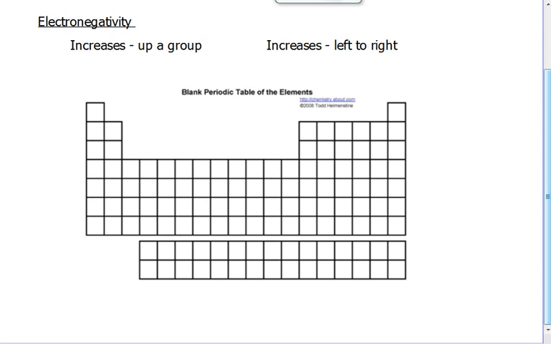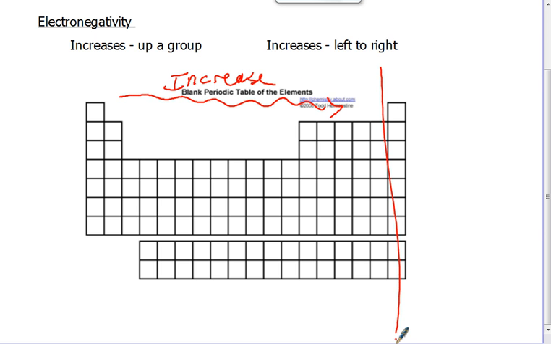So as we go across, it starts increasing drastically. Except for what, do you think? The noble gases. So it's like increasing, increasing, increasing. Zero. There's no attraction to your electrons.